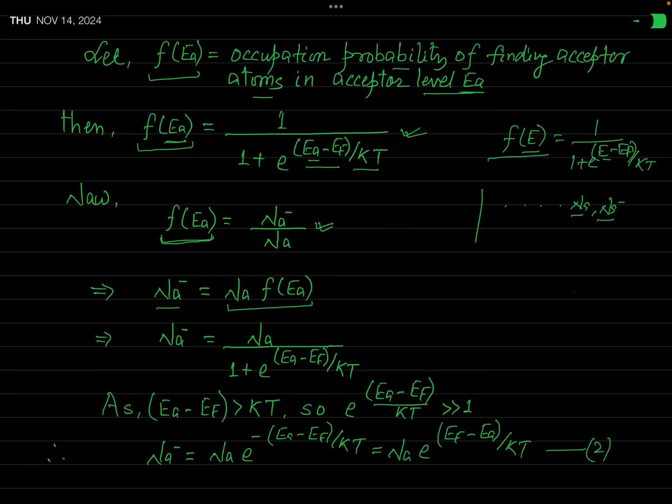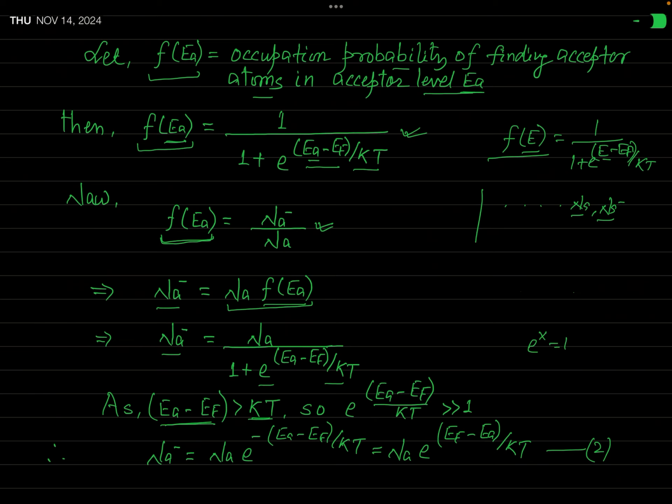And so Na minus will be equal to what? When we substitute the value of F of Ea, this will be equal to Na divided by 1 plus e to the power (Ea minus Ef) over Kt. But actually in this condition, Ea minus Ef is much greater than Kt, even at room temperature. And if Ea minus Ef is greater than Kt, then this exponential will have a positive power.